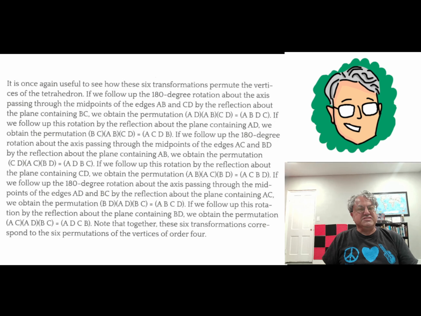But maybe I should just say one more thing. You can generate the rotations with a single transposition, like I did before. I had the transposition A, B, or C, D. It doesn't really matter, but a single transposition gives you a rotation, and then you can multiply those by rotations. That gives you more complicated permutations. But you only need one generator.